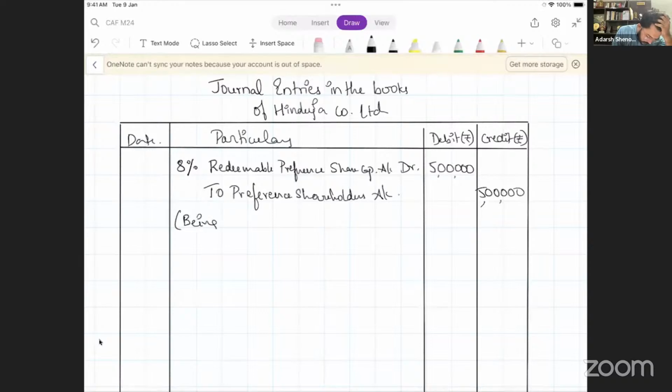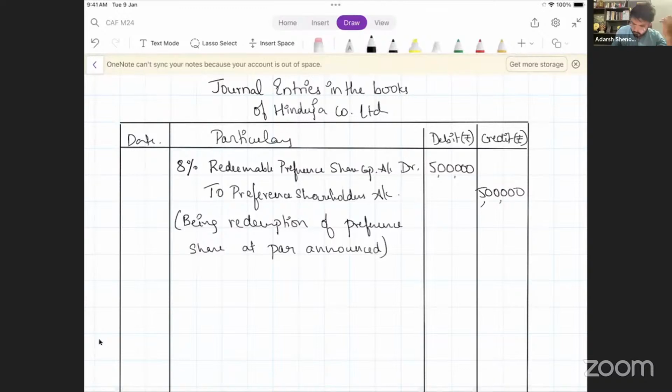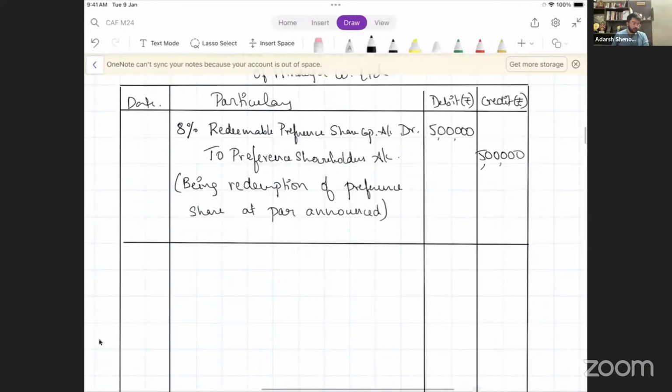Being redemption of preference shares at par announced. Done. First entry done. Now, next we go to section 55.